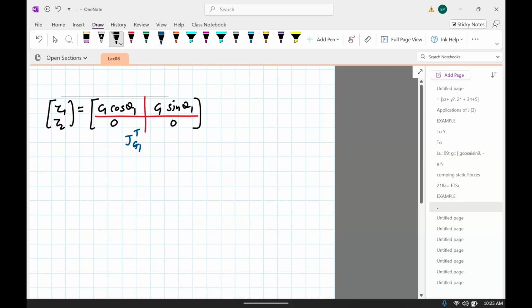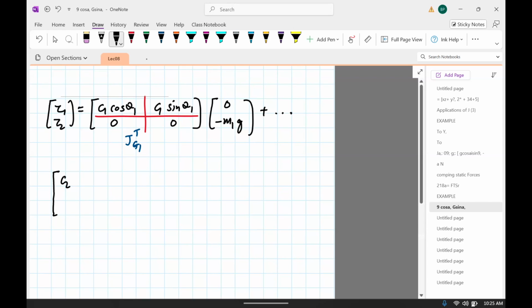JG1 transpose, and then 0 minus M1G plus, so the three dots means it's continued on the new line. And then we have JG2, which I need to take and then take the transpose.